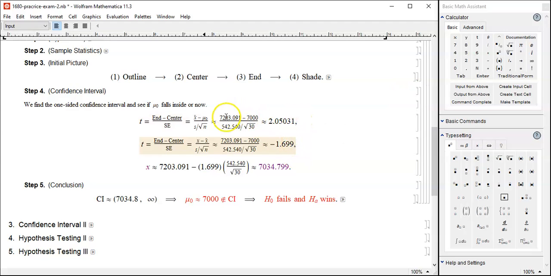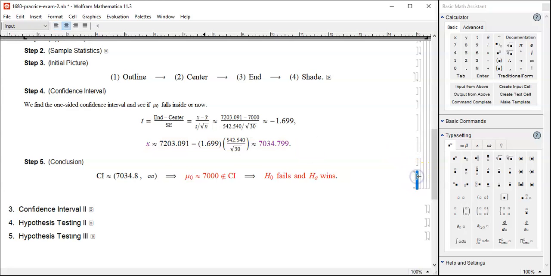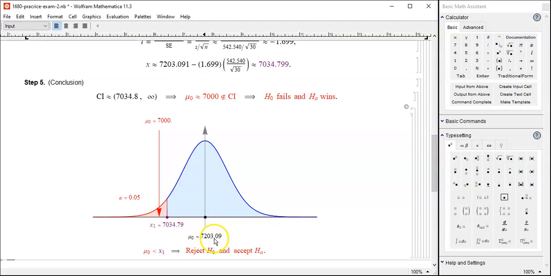In this case, if you do the computation accordingly, it's observed mean minus center over SC. Excuse me, I didn't have to copy and paste this one. Sorry. Then it turns out 7,034.799 is the critical value below the observed mean of 7,203.